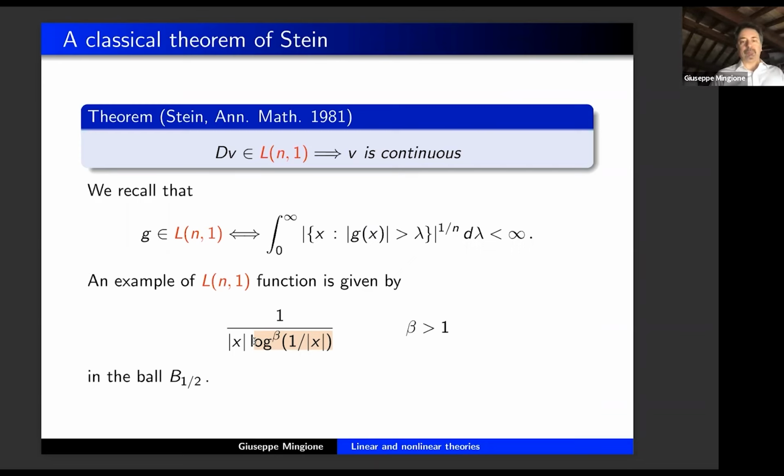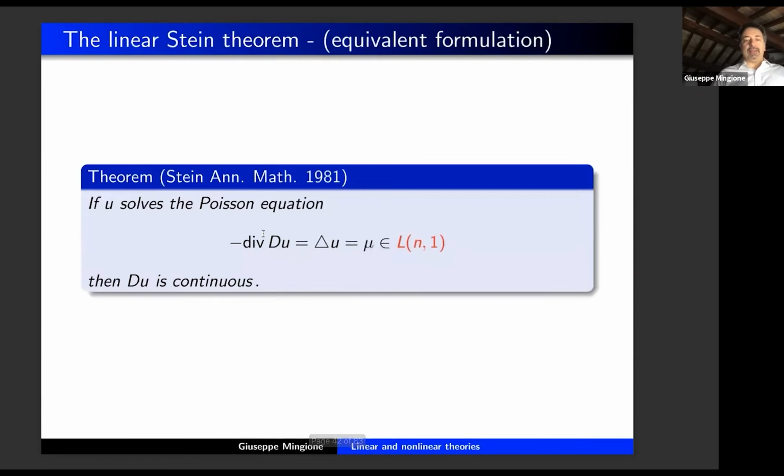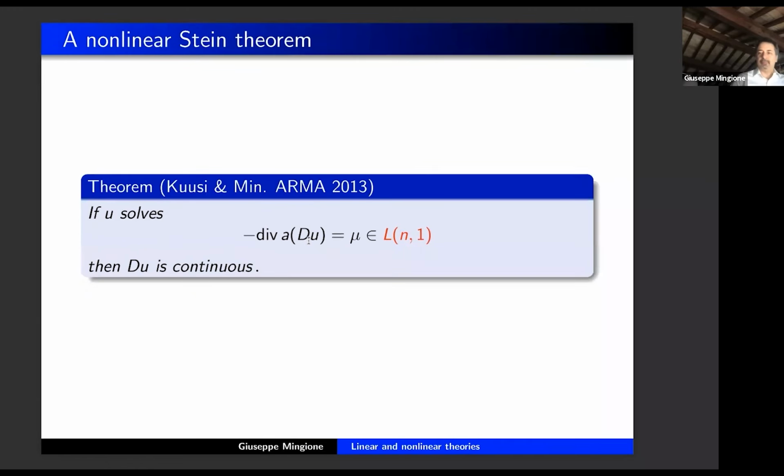Okay, now the catch with the nonlinear theorems I was stating before is the following one. If mu is in L^{n,1}, then in fact the Riesz potential goes to 0 uniformly. And then you can apply our theorem. And so you pass from the classical Stein's theorem, that tells you when solutions to the Poisson system are bounded, to a nonlinear Stein theorem that tells you that if u solves this, then u is continuous, in particular bounded.